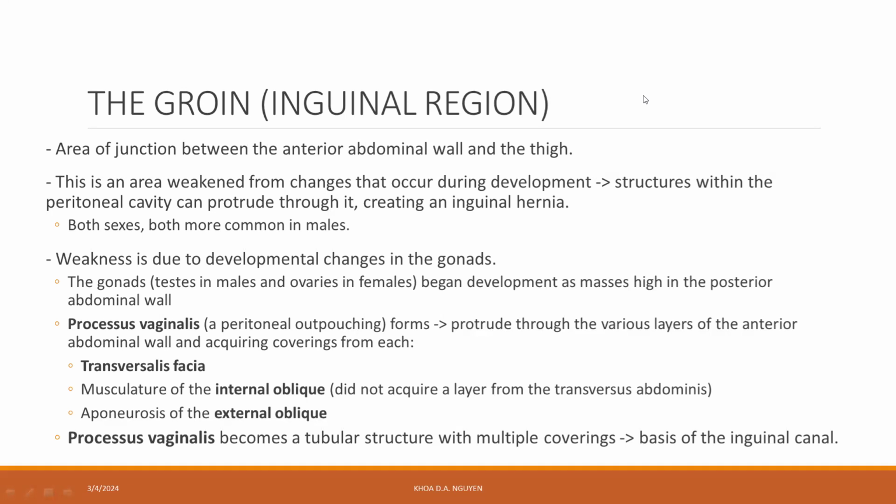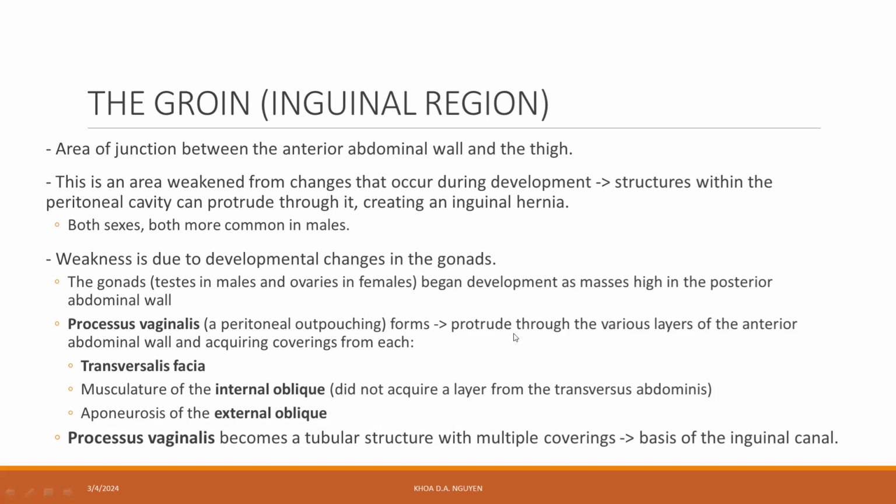All right. So now there is this process that is formed by peritoneum called a processus vaginalis. This is an outpouching formed from peritoneum that will protrude through the various layers of the anterior abdominal wall and acquire coverings from those layers, including the transversalis fascia, then the musculature of the internal oblique, and finally the aponeurosis of the external oblique.